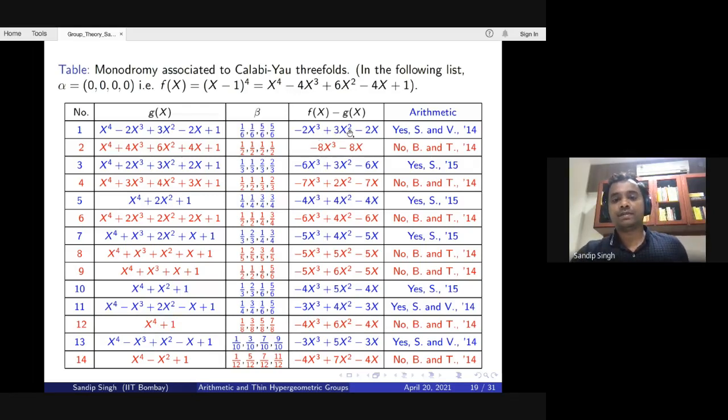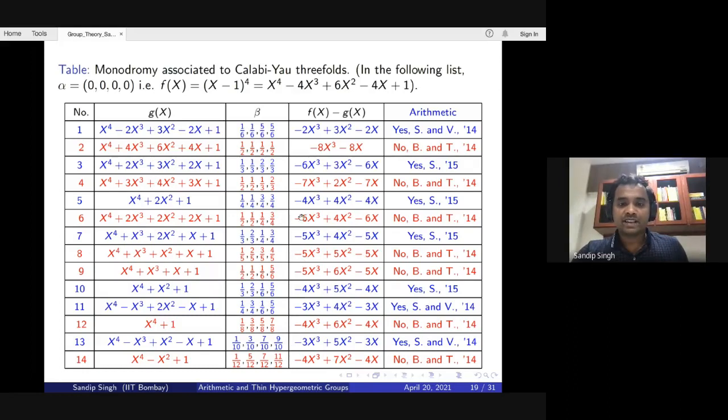The leading coefficient of f minus g is -2, so arithmeticity directly follows from our theorem. But in other cases, the absolute value of the leading coefficient is greater than or equal to 3. So our theorem is not directly applicable, but we could use the proof in some sense in showing that the arithmeticity of number 11 and 13 also follows.